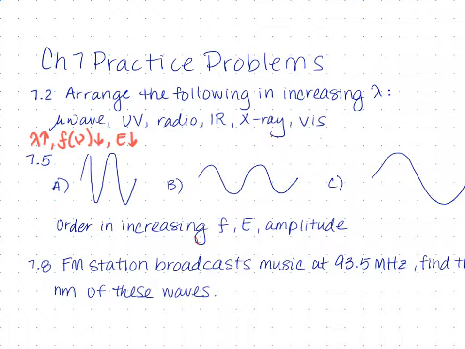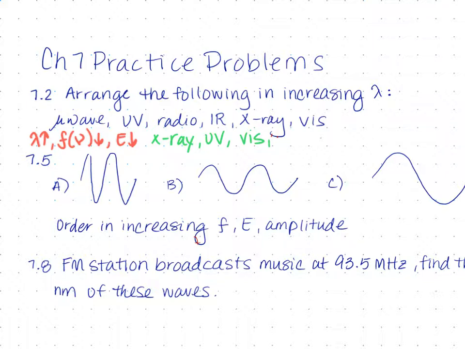would be X-ray. X-ray would be your shortest wavelength of these 6 options. Then UV. UV is the next most energetic, or the second shortest wavelength. And then I would put visible light.